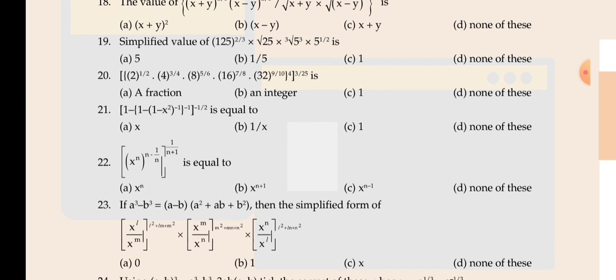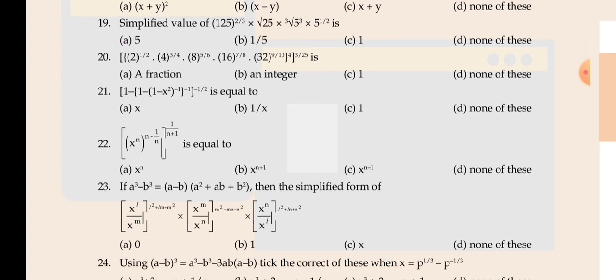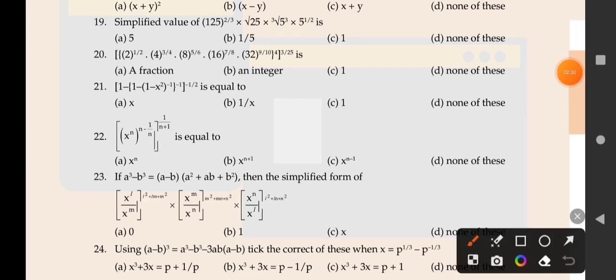Question number 19. Again, it is a very simple question. We can see all the bases have 5 common, so we can denote them in the base of 5. So 125 is 5 power 3 into 2 by 3.